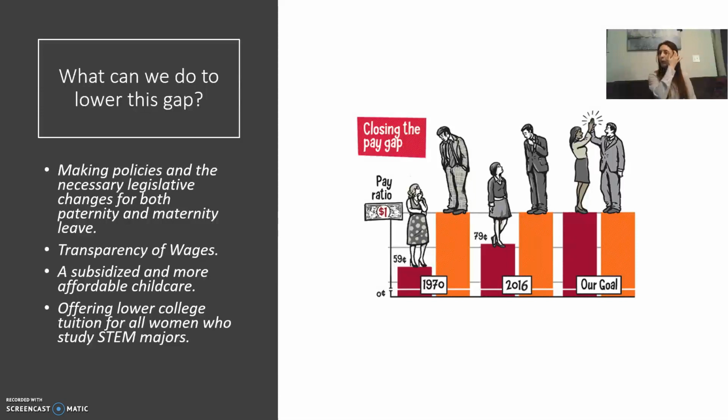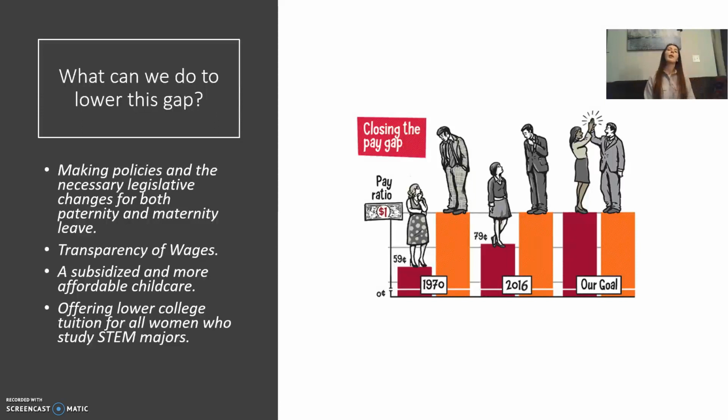What else can we do to lower this gap? Another step would be the transparency of wages. Right now, there is a federal law that requires wage transparency for all federal employees. This law did not eliminate the gap, but it actually helped lower it.